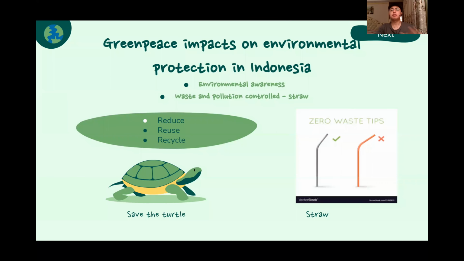And here we have an example, which is about turtles and straws. You can't imagine that these two things can be connected together, but actually they can. Every year thousands of turtles are found in danger because there are straws inside their nostrils, so it's really hard for them to breathe.